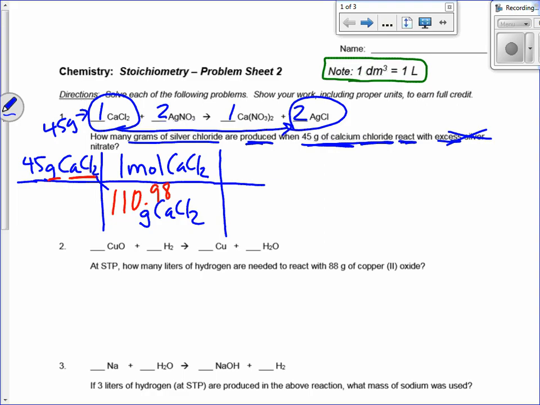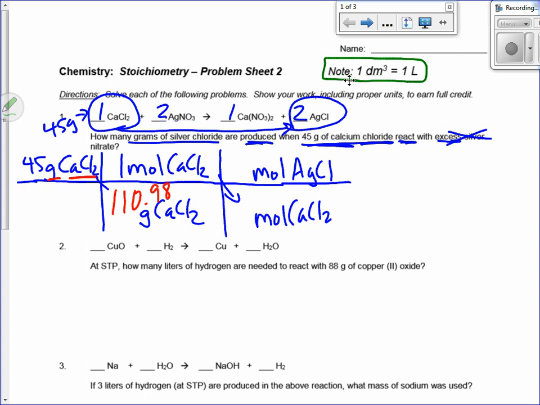Now, we are at the mole. Guess what? When we're in moles now, we can go to the mole ratio and switch substances. Since we're now at the mole, we can go ahead and switch. So, what do I diagonal down? Moles of calcium chloride. What am I going to? Moles of silver chloride.